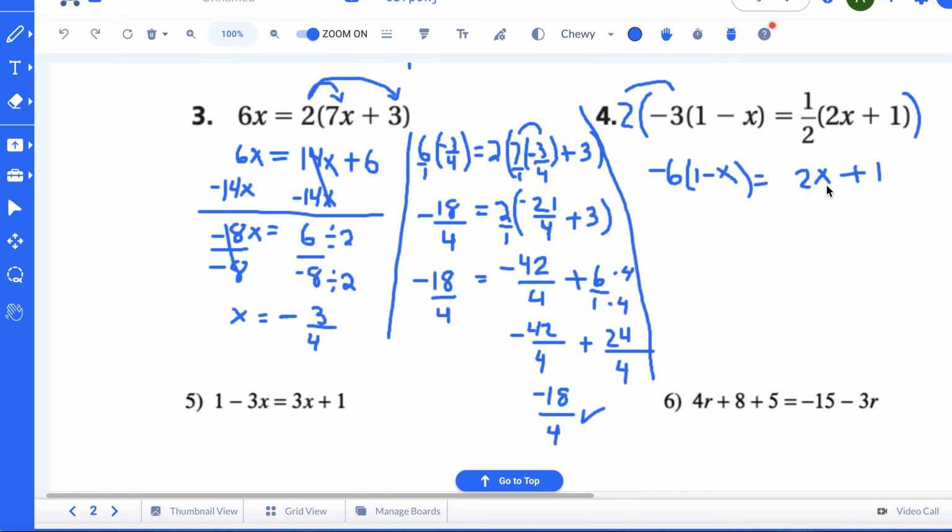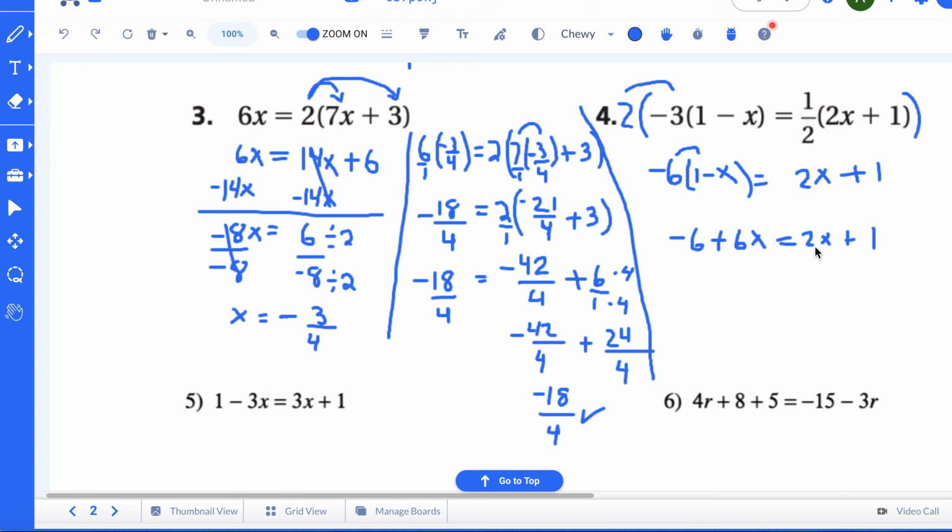Okay, so now we're ready to distribute. There's no fraction, so negative 6 times 1 is negative 6, and negative 6 times negative x is positive 6x, equals 2x plus 1. Now let's put the variables together.